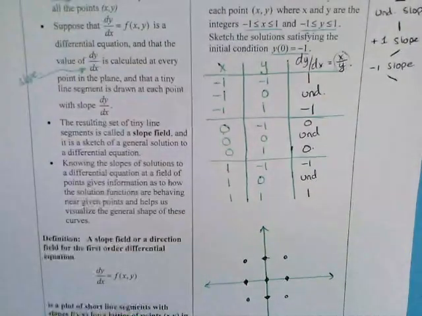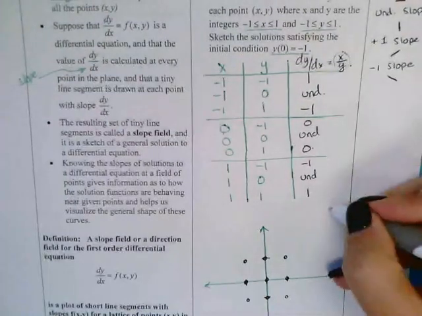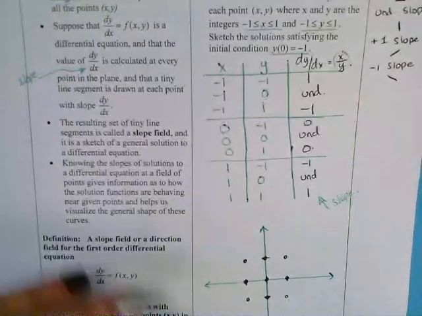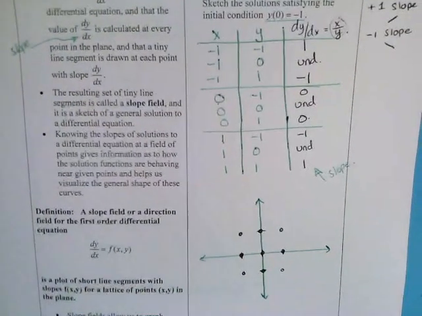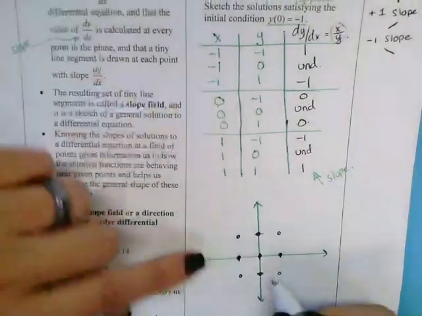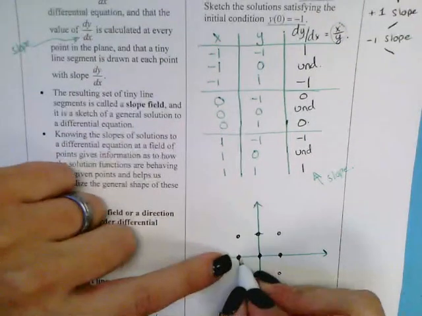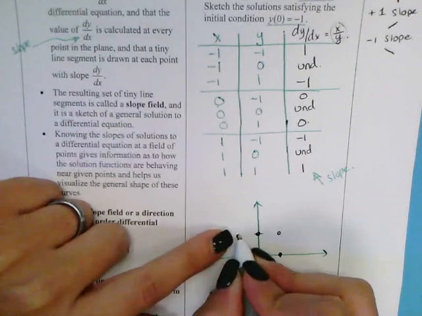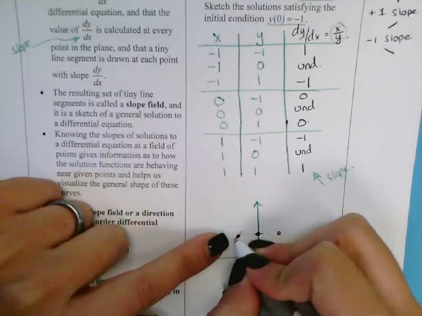So now that I have all of my slopes, these are the slopes at these points, I'm going to graph them. So we're going to start with when x is negative 1.